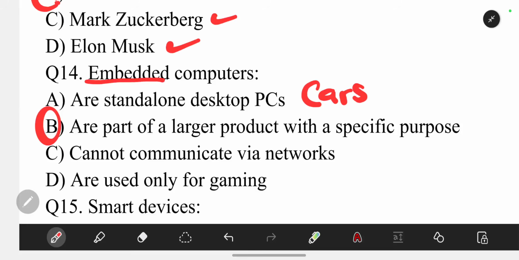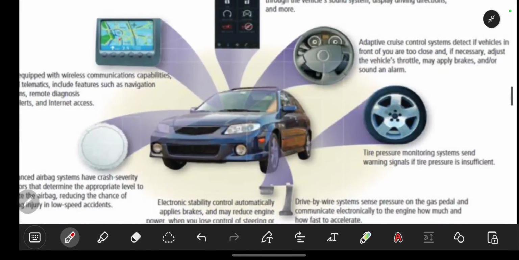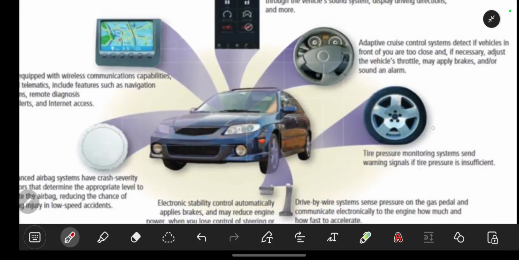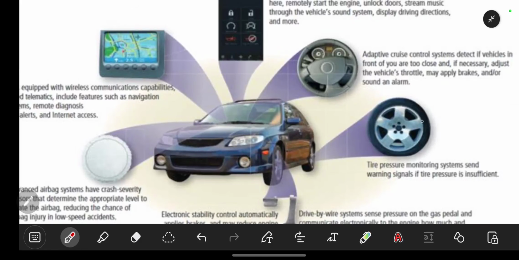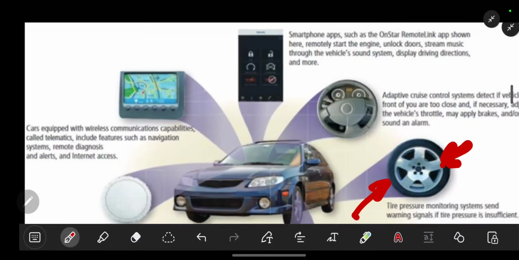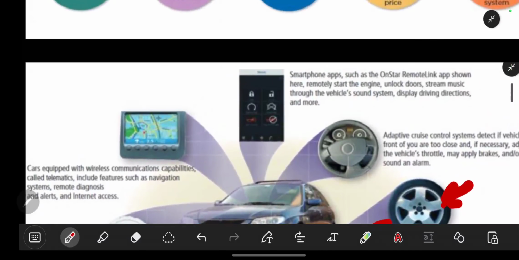For example, if you look at a car, there could be embedded computers put in a tire to be able to detect the pressure in the tire to avoid accidents, and also a number of things.